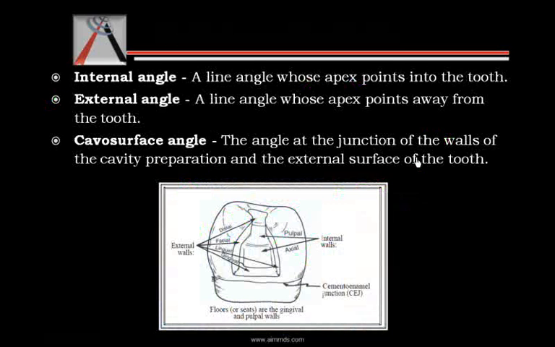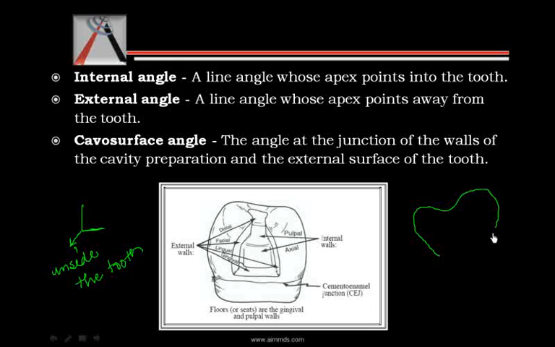Now as we know line angles, now let's classify these line angles based on their direction. So if we have a line angle whose apex points into the tooth, for example, if we have the two surfaces like this, and the apex is pointing inside the tooth, then it is the internal line angle. We can have a very simple example. We have a cavity over here like this.